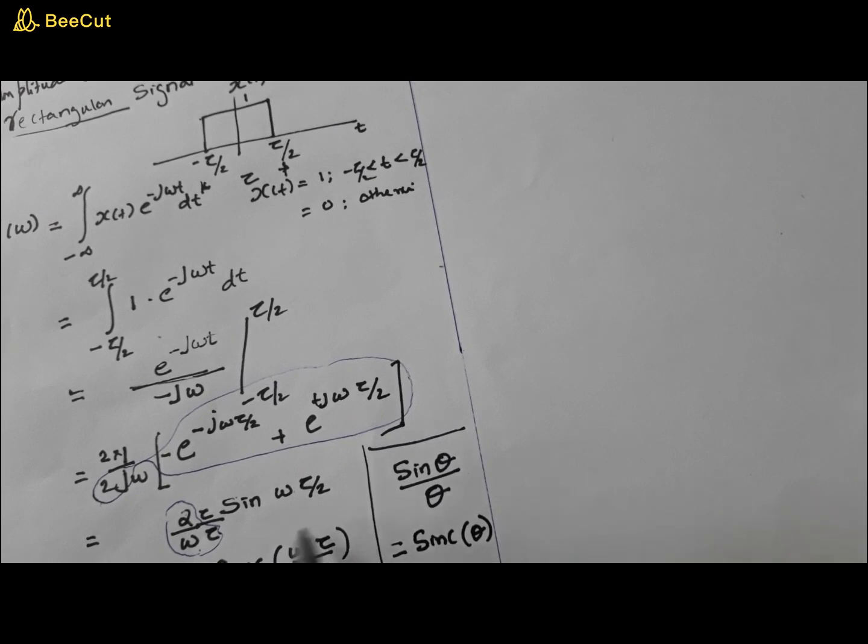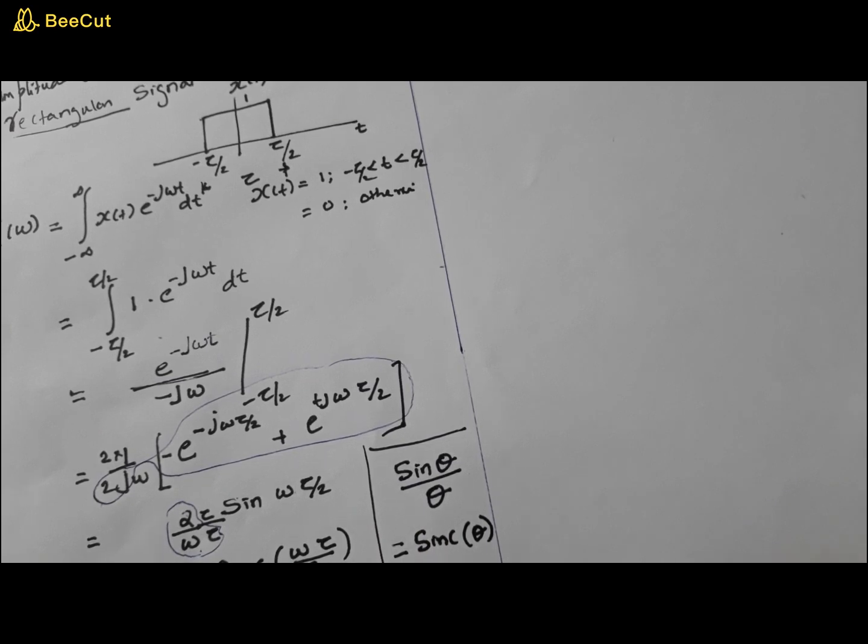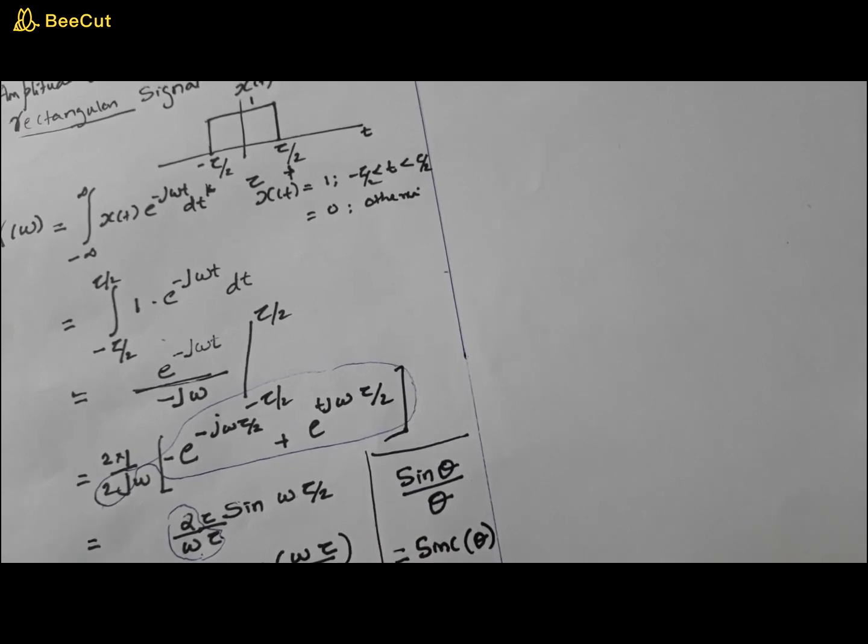This is tau into sine of omega tau by 2 by omega tau by 2, which is being written as sinc.